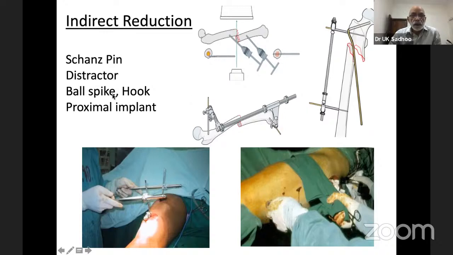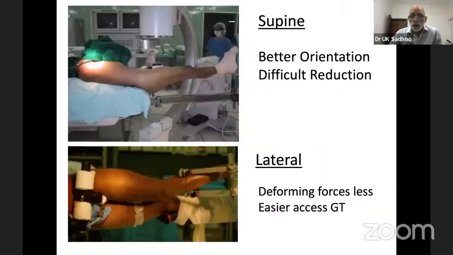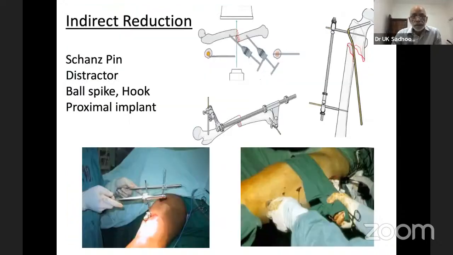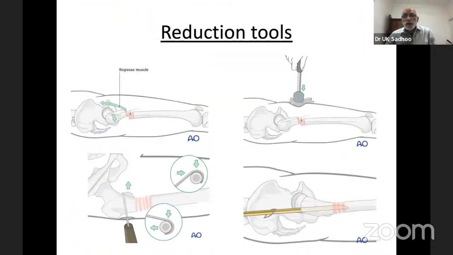The other tricks we have up our sleeves are the ball spikes, the hooks, and sometimes a proximal implant used as a reduction tool. Once you have the patient on the table, apply pressure on the proximal fragment to neutralize the so-called flexion.